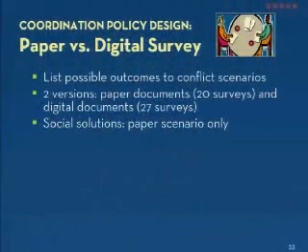One thing that was interesting, that again gets back to this idea that for some reason these social protocols aren't always sufficient in a digital environment, was that people only suggested social solutions to this scenario in response to the survey that was about the traditional tabletop and paper. So these were solutions like getting up and moving your chairs so you could read it together, or reading the document out loud so that you could both hear it at the same time.